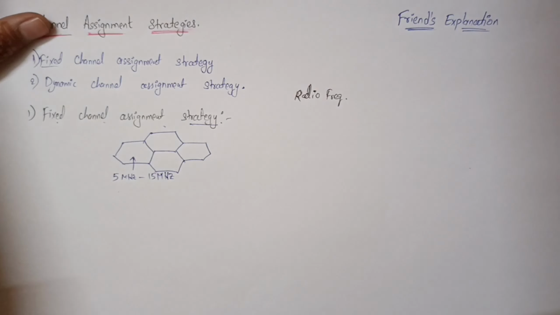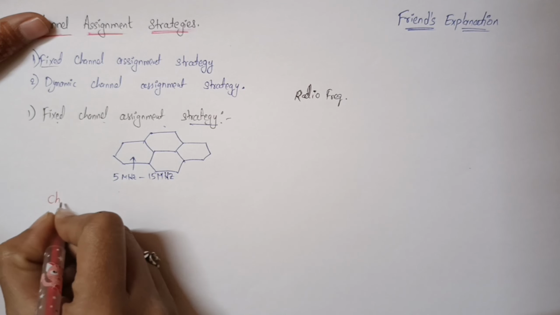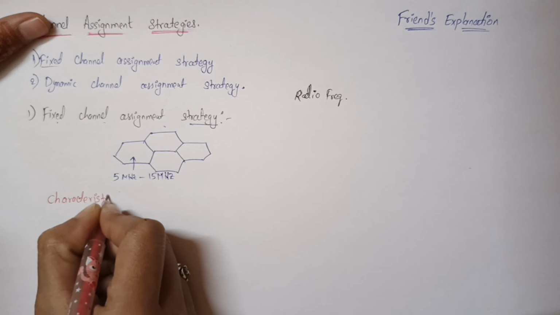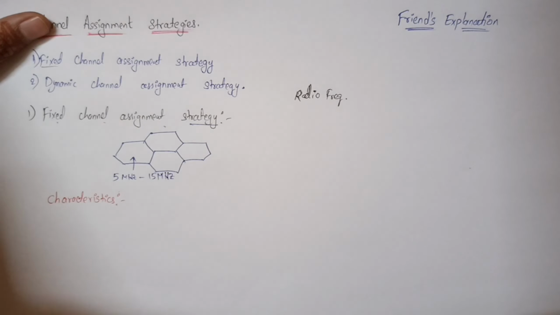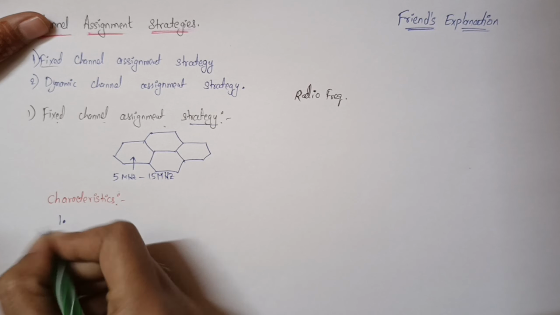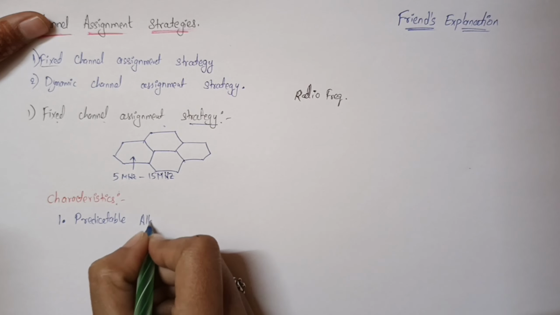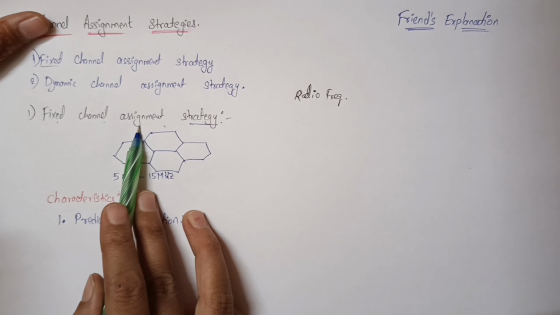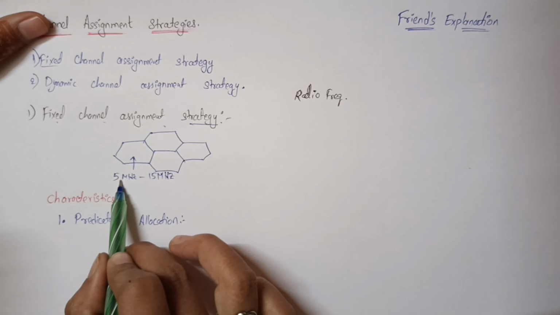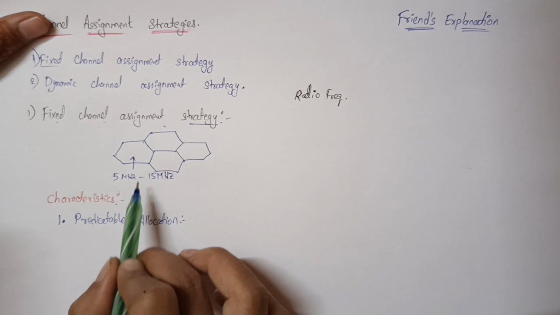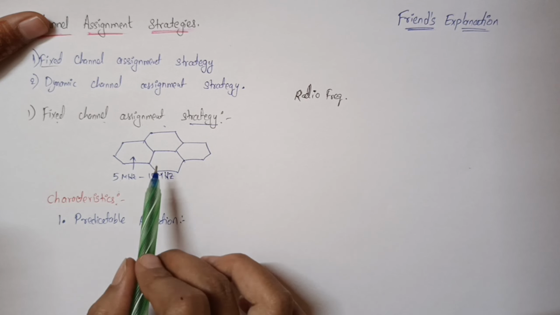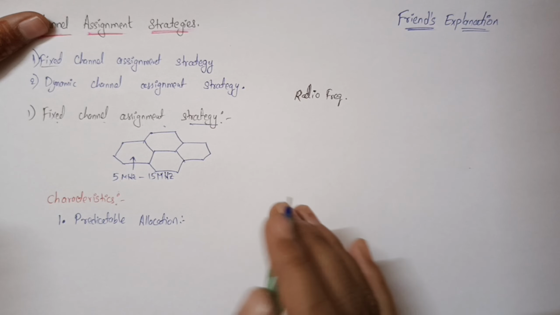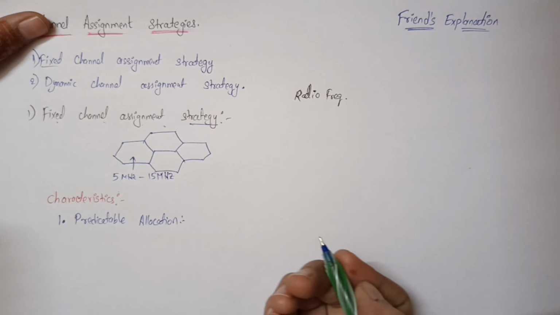Now let's have a look at the characteristics of fixed channel assignment. The primary characteristic is that it allocates a specific set of channels to each of the cells, and these channel assignments remain constant unless and until they are manually changed.